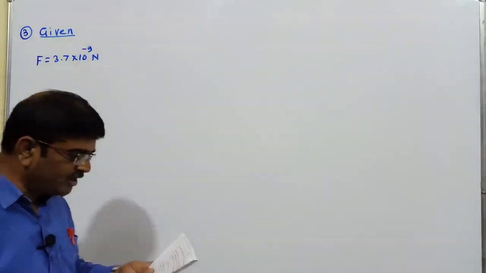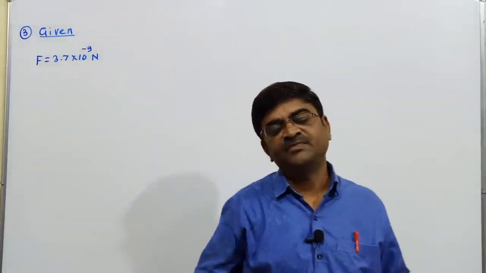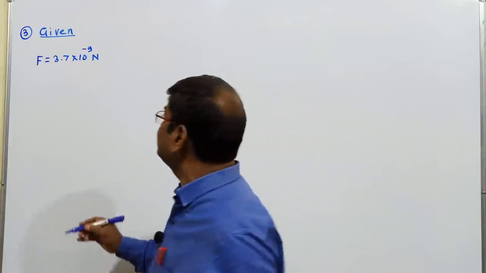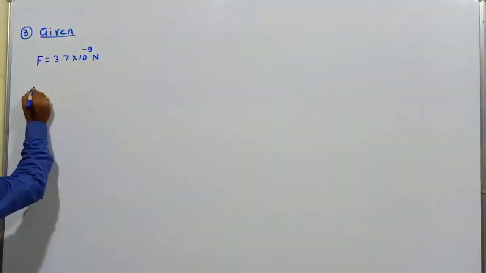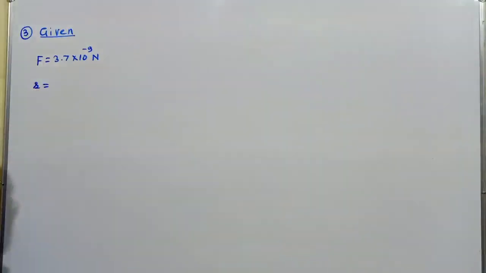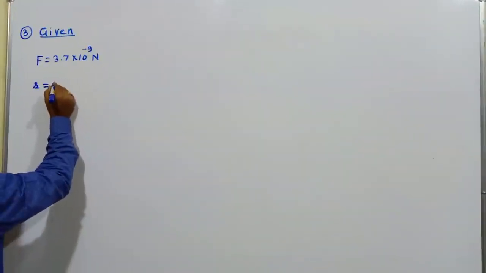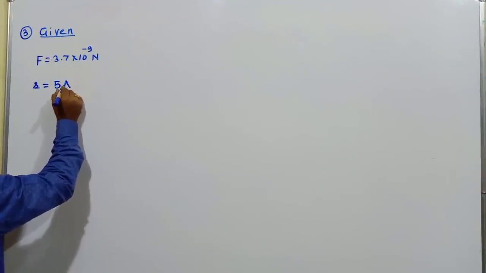So between 2 ions, this is the force given. And also it is mentioned that they are separated by a distance. These 2 ions are separated by a distance of 5 angstrom unit.